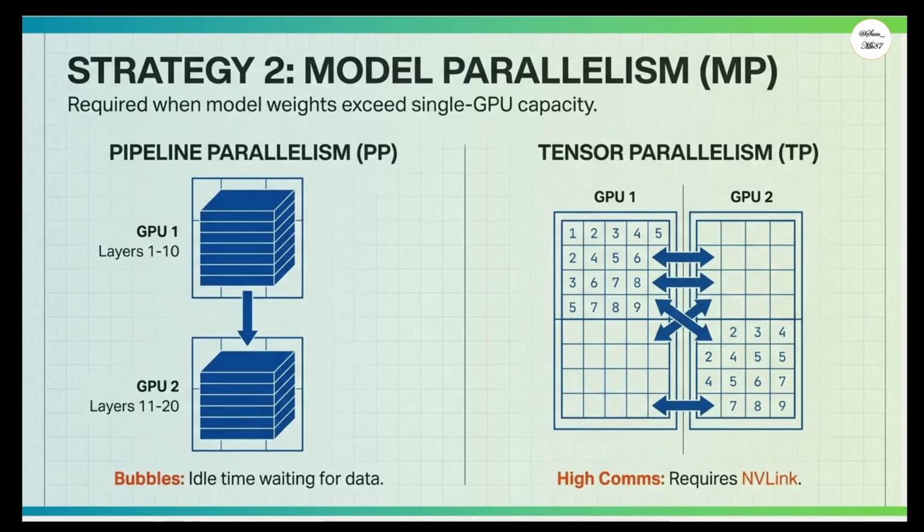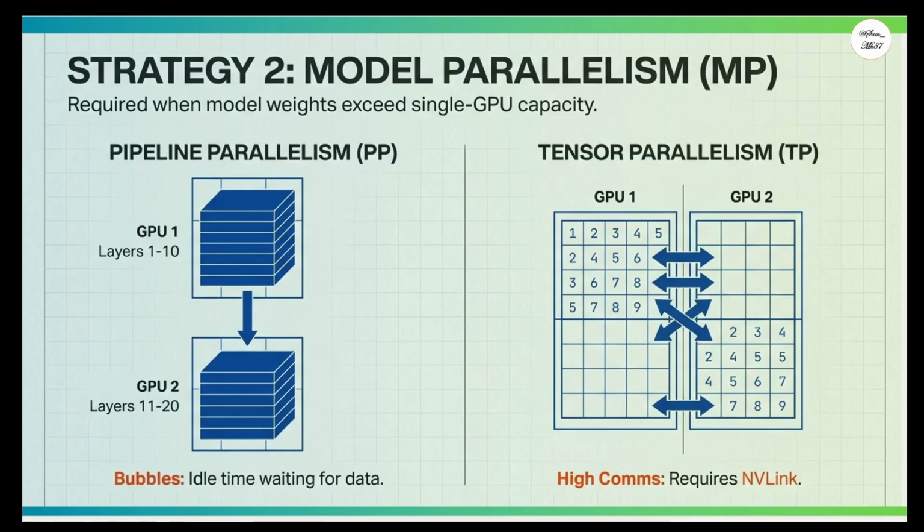The downside of this approach is the idle time, where one GPU is just waiting for the others. Whenever you are processing anything on GPU 1, GPU 2 is idle and waiting for that information. To deal with that, we have tensor parallelism, which is more complex. It splits individual matrix operations within a layer across GPUs.